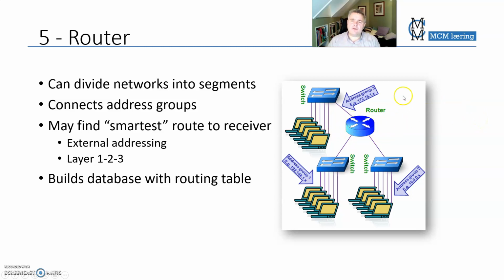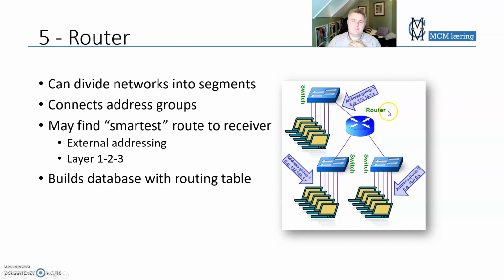And routers can also talk to each other, which means that they send messages to each other about which routes are most effective at the moment. If there is a part of the network that is busy, the router will tell the other routers that they should avoid that part of the network.